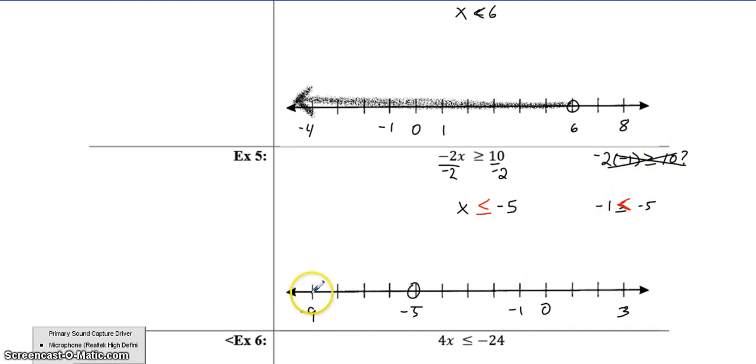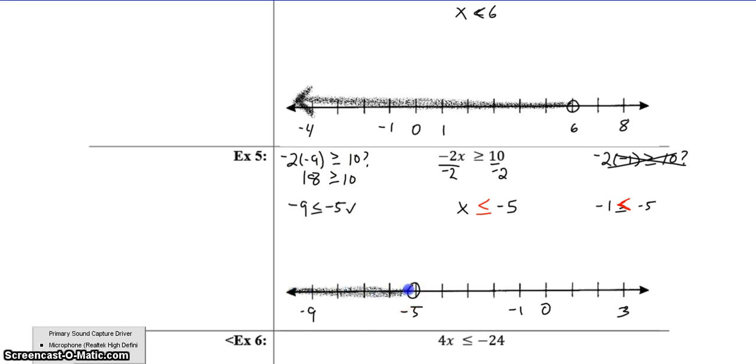Let's try something like a -9. -9 is left of -5. So, -9 is less than or equal to -5. Yes, it is. -2 times -9, if we check back to the original, is that true? Yes, it is. 18 is greater than or equal to 10. So we know we're going to shade towards -9.